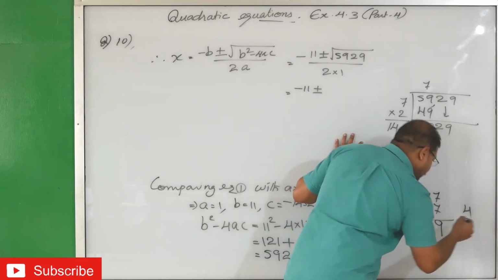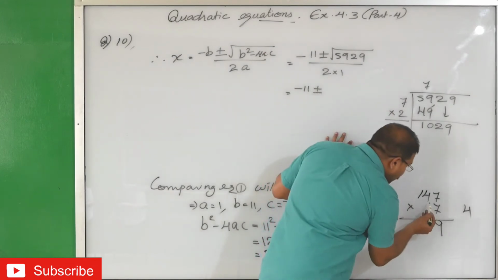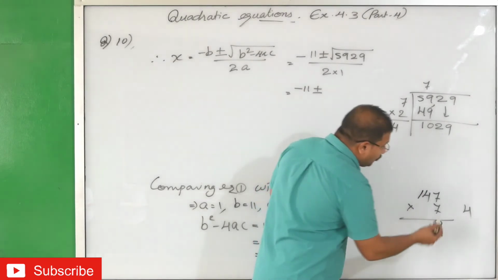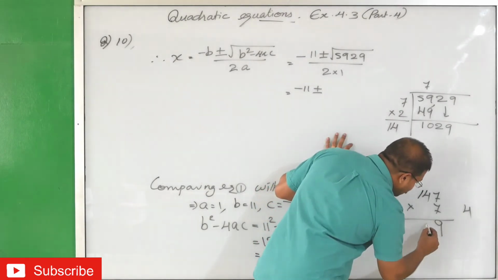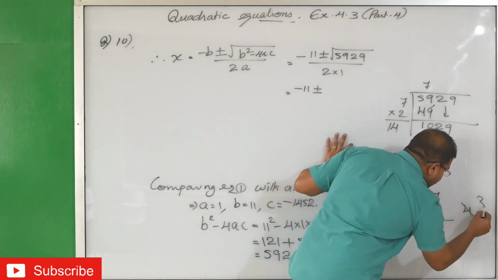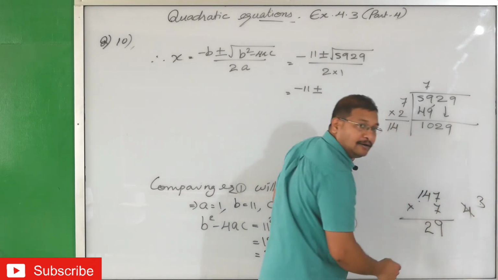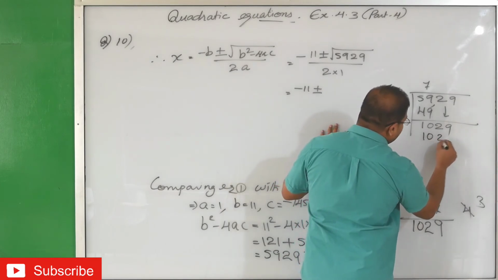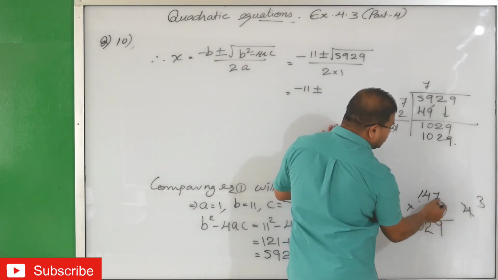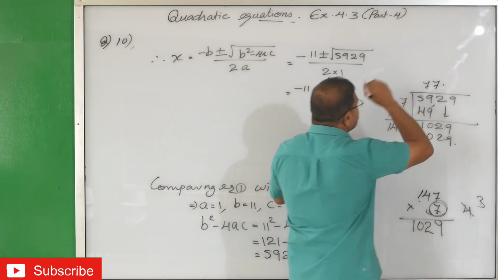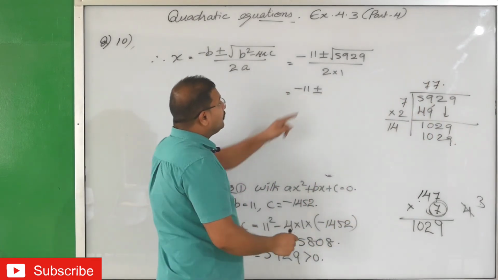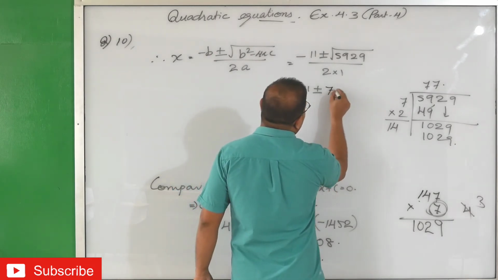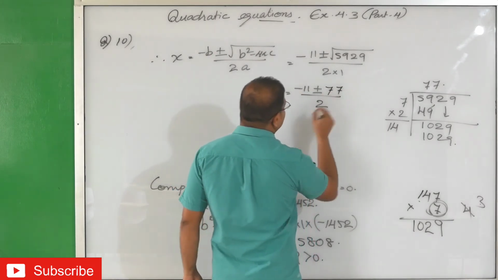Now 7 fours are 28, plus 4, 32. 7 ones are 7 plus 1, 10. So we'll get 1029. That means 7 times. So the square root of 5929 will get 77, divided by 2.